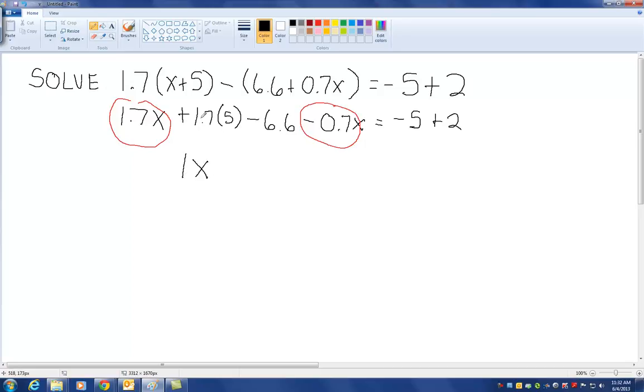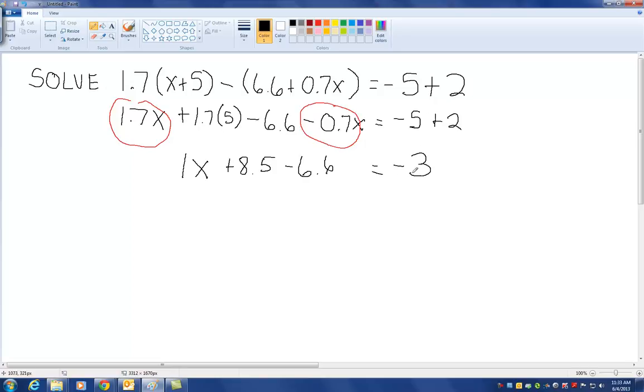That's going to be convenient. 1.7 times 5 is, well, we better do that first before combining the two additional terms, okay? So we've got 1.7 times 5 is 8.5. And then we still have minus 6.6 equals, and over on this side, we can combine these two already.